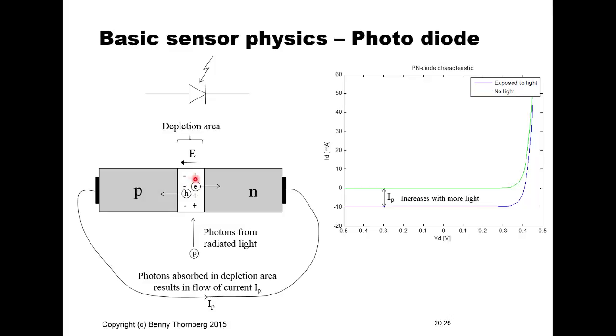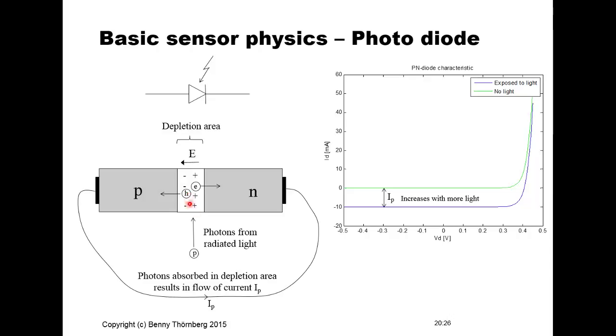Due to ionization we will also get an electrical field vector, and this depletion area will be completely empty of free charges that can carry a current.